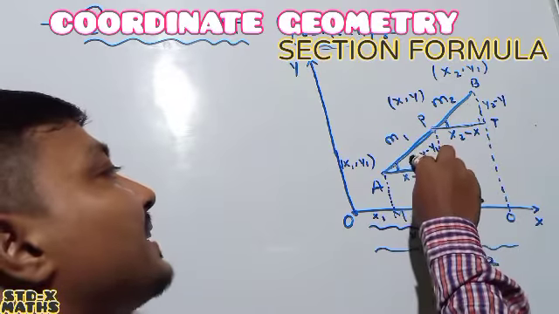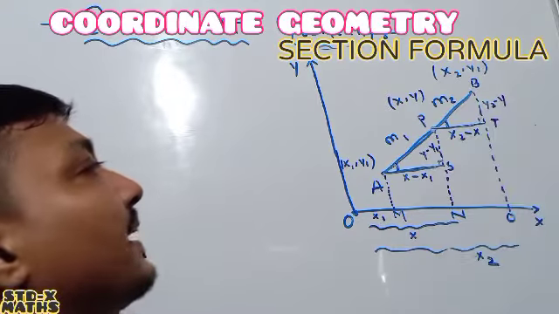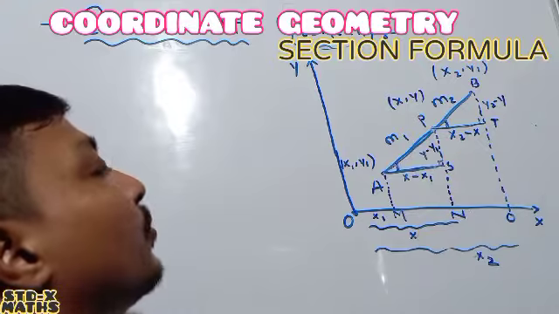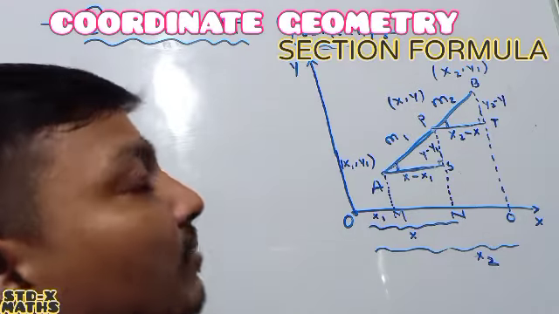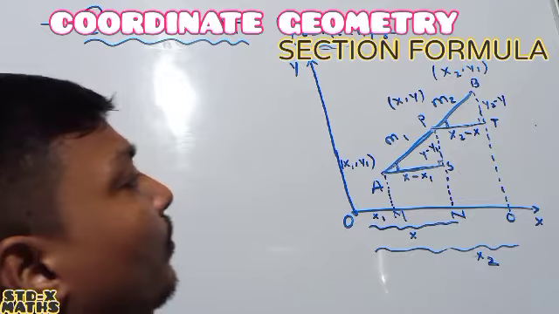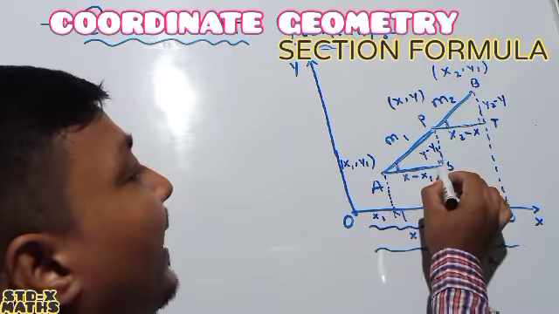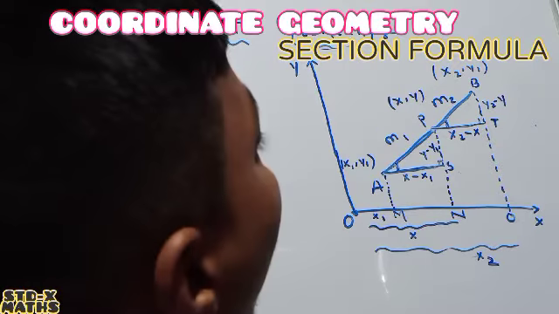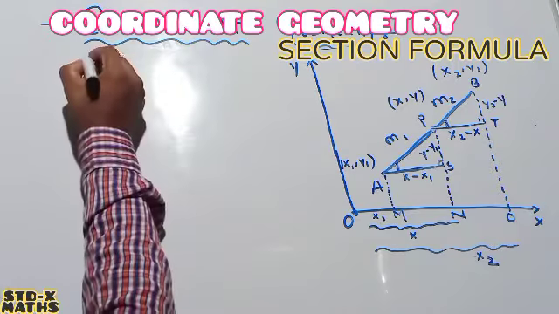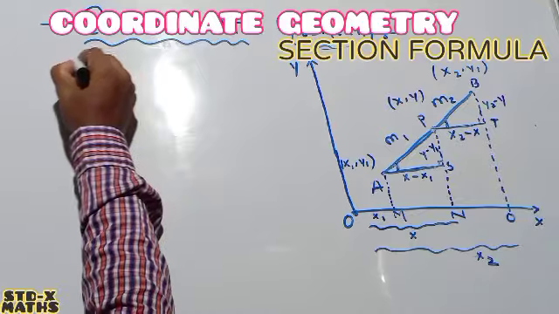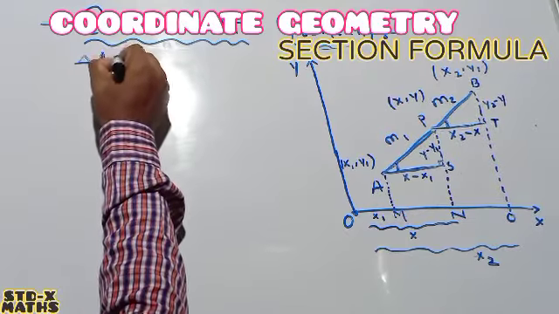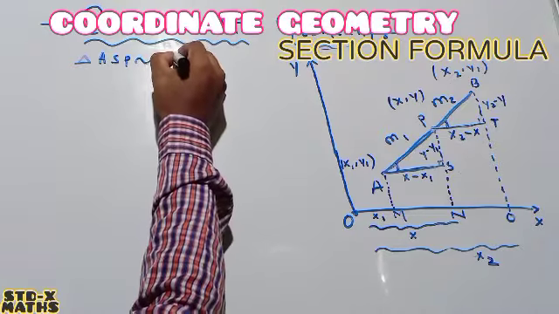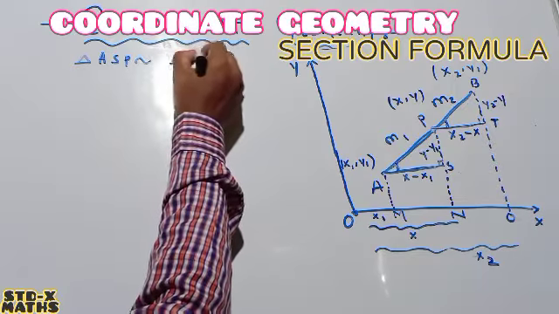So one can say that this triangle is similar to this triangle, as per our AA similarity rule. And as you know, triangle ASP is similar to triangle PTB.